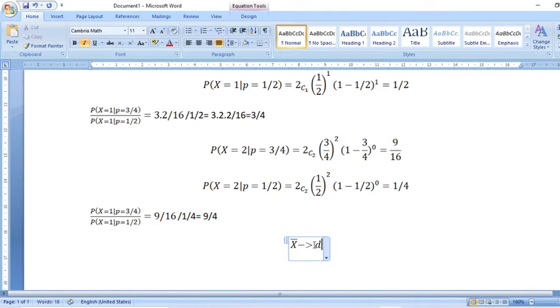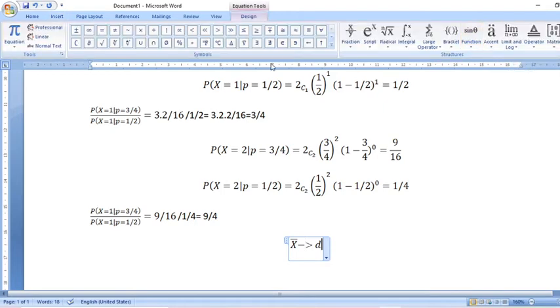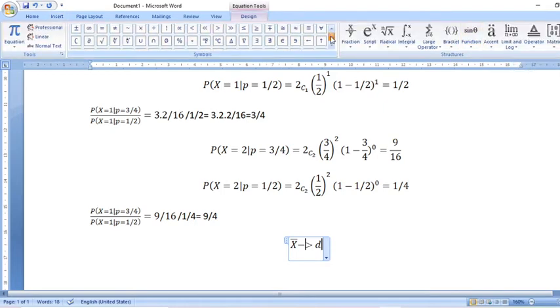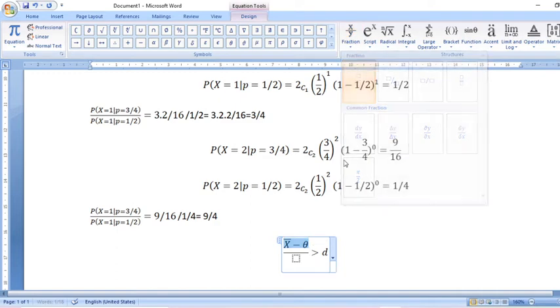So x bar minus theta naught, here is theta. We are standardizing the normal random variable, sigma by root n. I think you know the standardization technique.